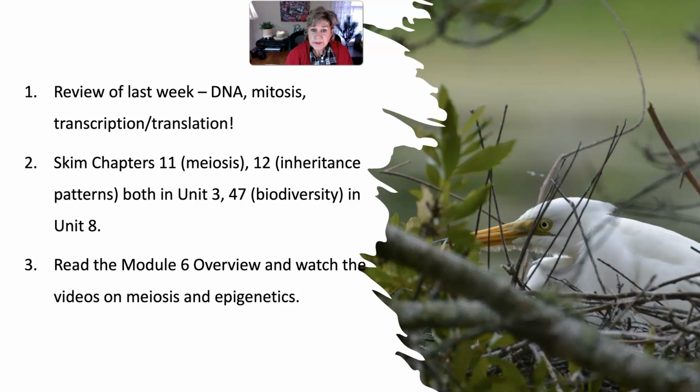Most of those proteins are enzymes, and enzymes run all the biochemistry in cells. Those enzymes determine what type of cell that is and what type of organism that is. So that's why DNA is the blueprint of life. We learned all about DNA last week.